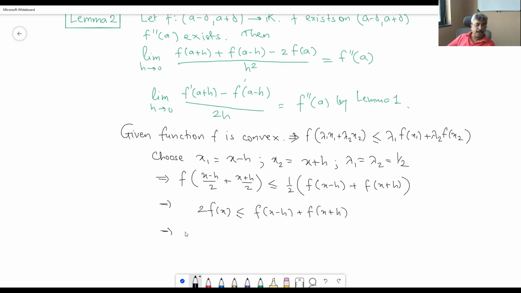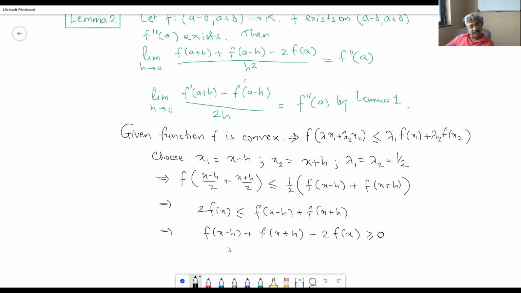Okay, this implies f of x minus h plus f of x plus h minus 2 f of x is greater than or equal to 0.